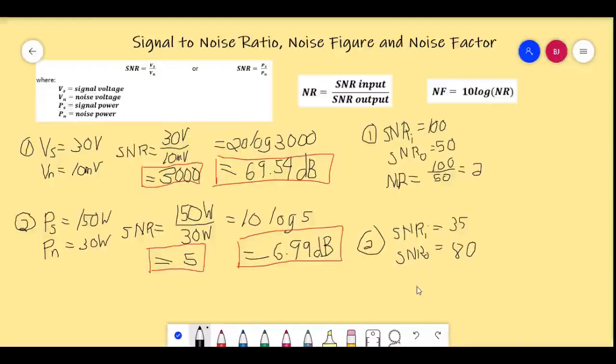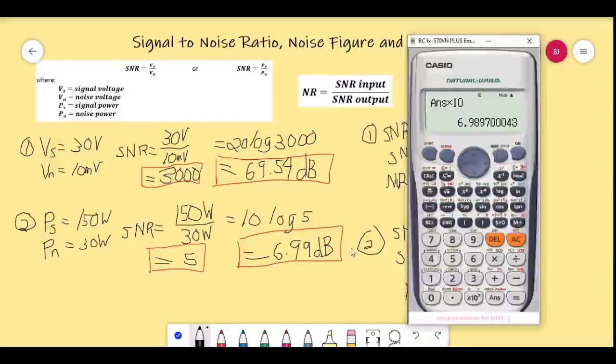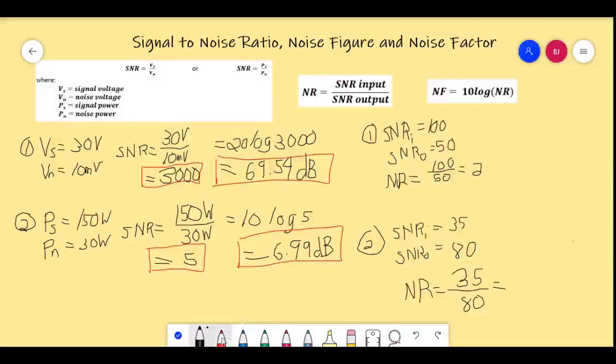For the second one, we have a signal to noise ratio in the input of 35 and a signal to noise ratio in the output, which is 80. In this case, we would be getting a noise figure of 0.4375. So around 0.44.